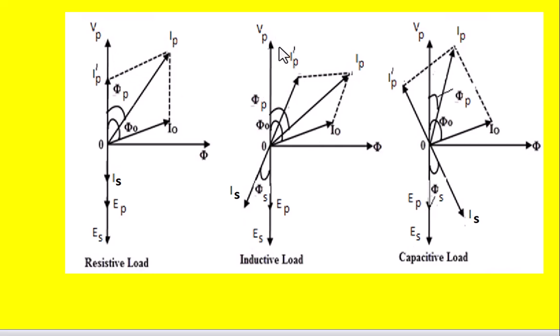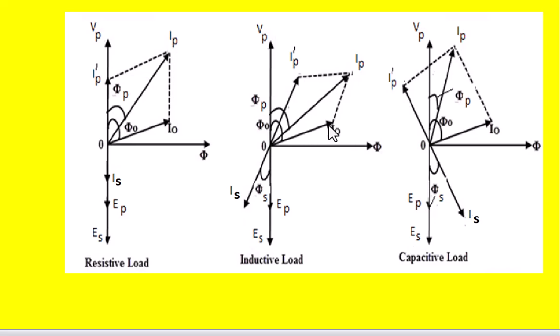And next, coming to another load, suppose the load connected to the secondary winding is inductive load, that is RL load. In that case, the procedure is like this. The applied voltage to the transformer primary is Vp or V1, and the transformer will take the no load current called I0 like this.